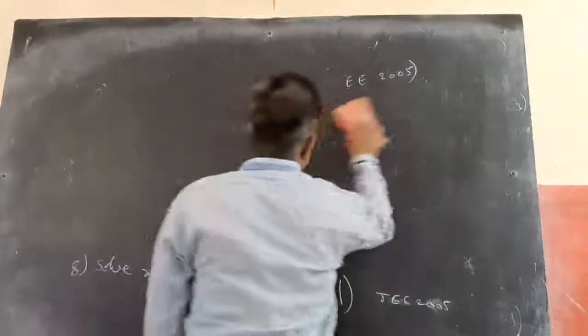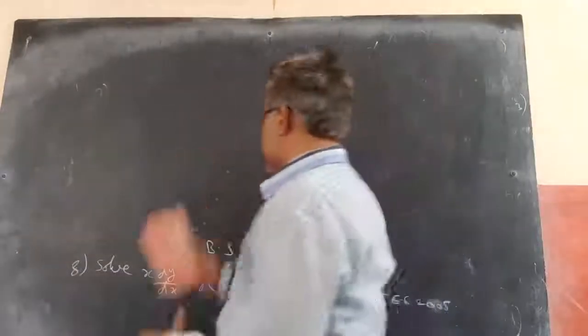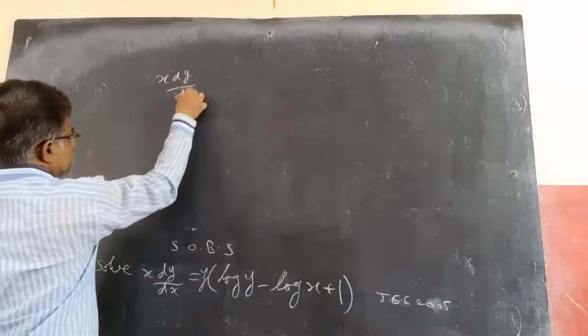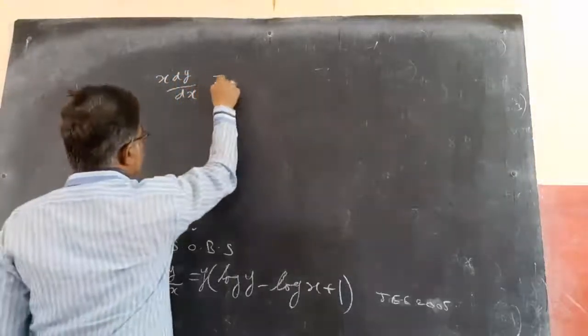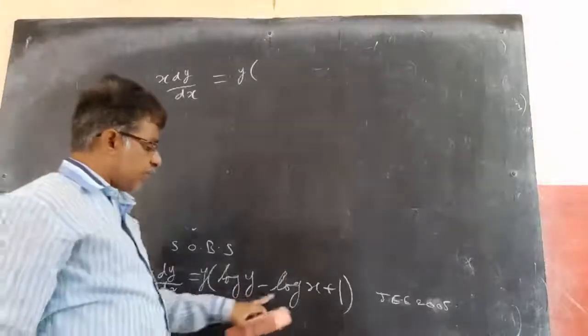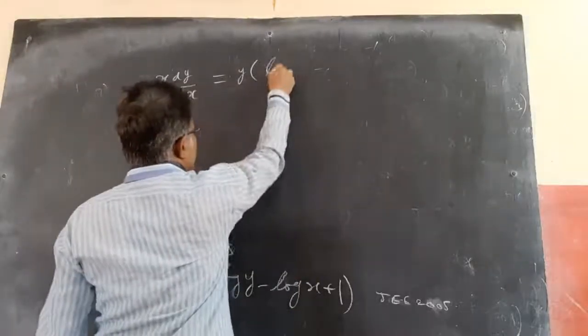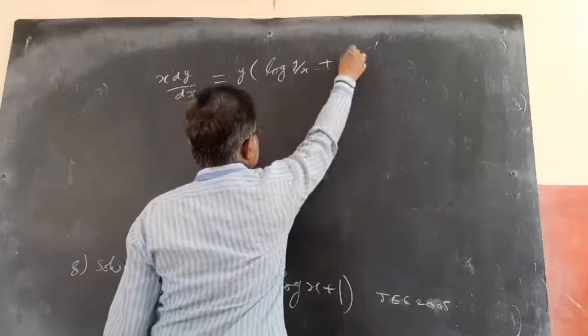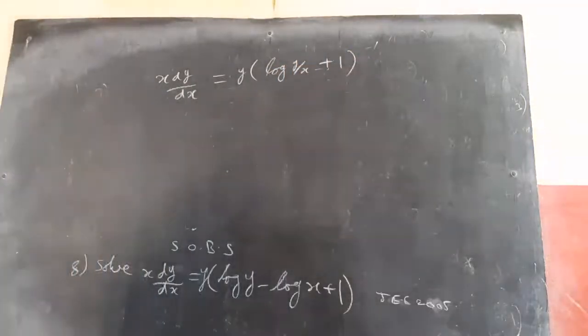Solve the differential equation given. What is the differential equation? x into dy by dx equal to y into this. This I can write as log y minus log x, which means log of y by x, plus 1.